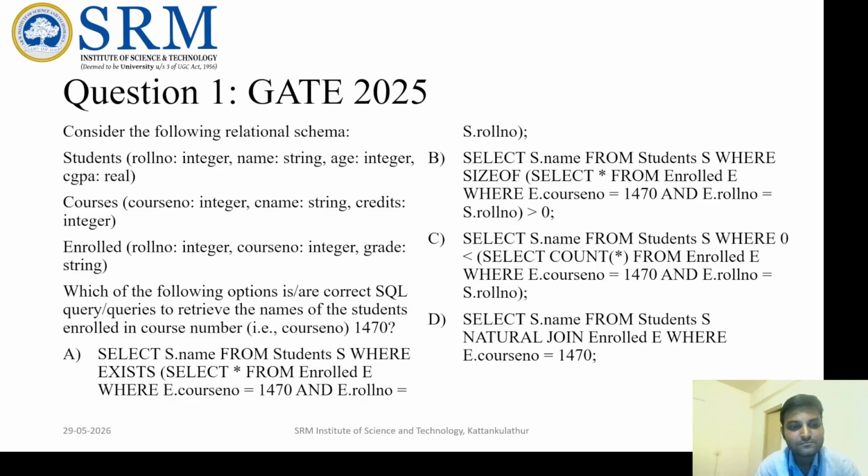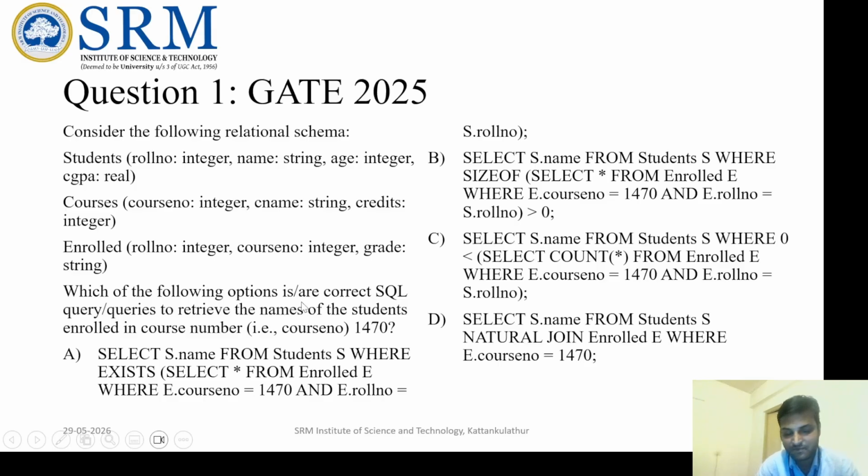So we have to check each and every option and say which options are correct. In this kind of question in GATE, multiple options may also be correct. That's why they have said "which of the following options is/are correct".